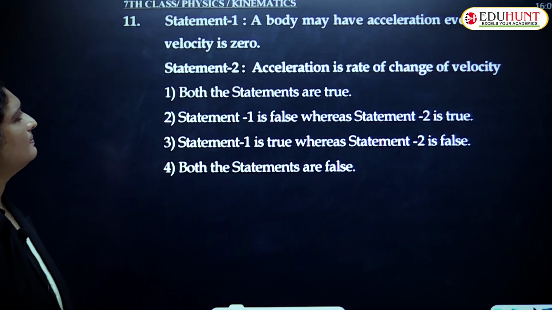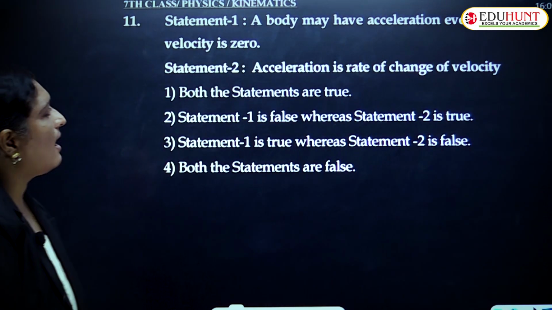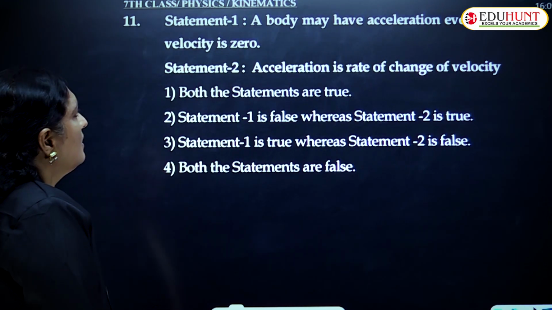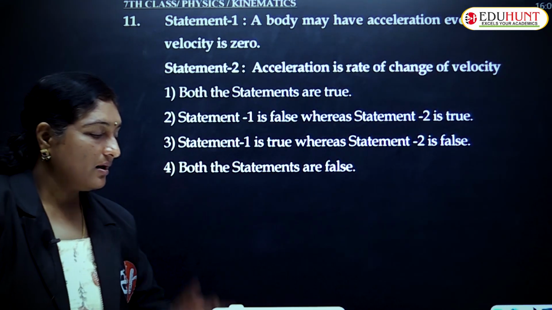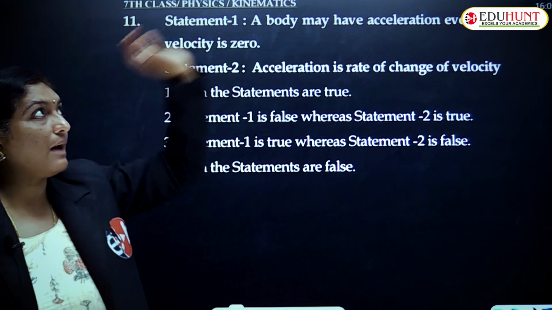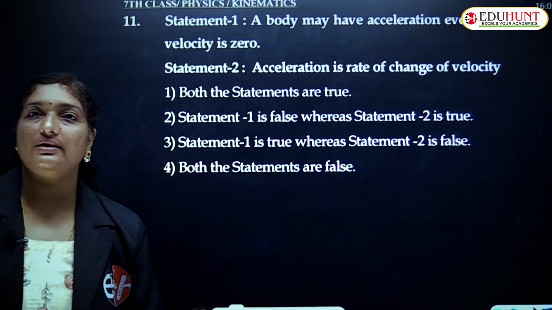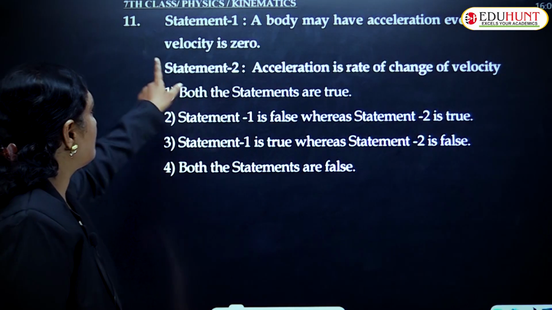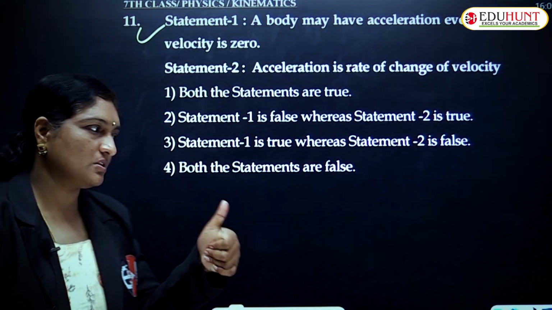The best example for this is a ball thrown upwards. At the highest point, what is its velocity? 0. But still acceleration due to gravity acts on it. So zero velocity, but acceleration due to gravity is not 0. So statement 1 is true. A body can have acceleration even when the velocity is 0.